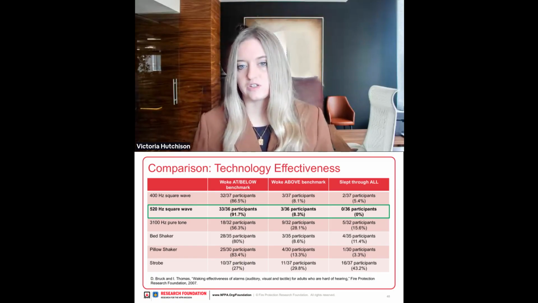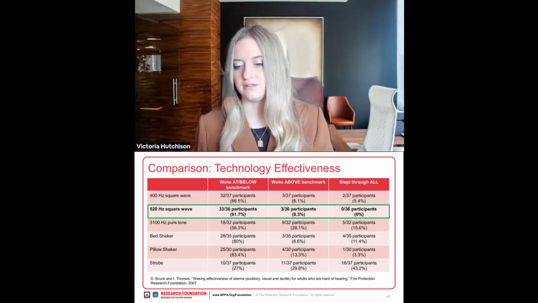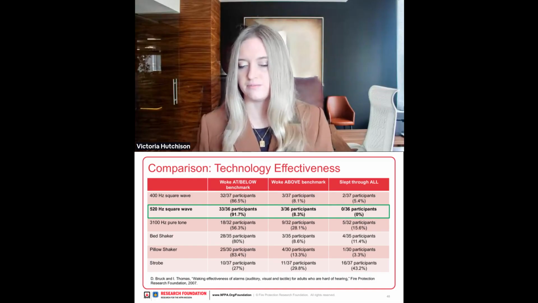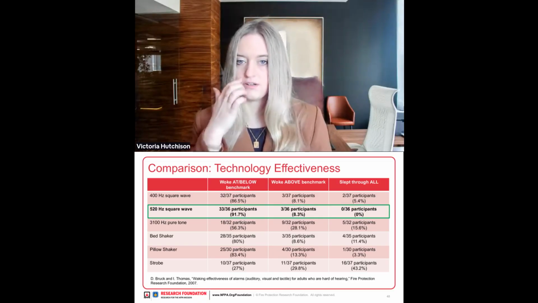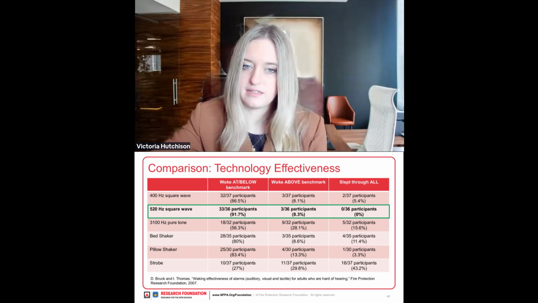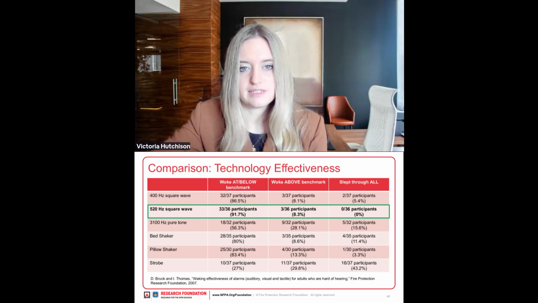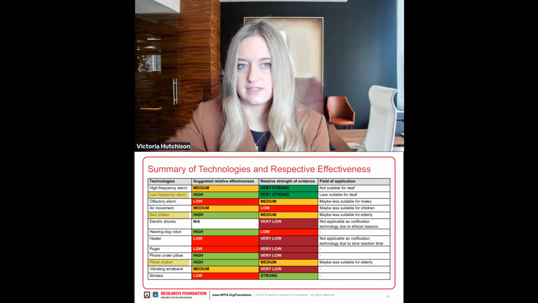And that's really true across all populations and disabilities. Whether it's deaf and hard of hearing, alcohol impaired, able hearing, older adults, or younger adults, the effectiveness of that technology through all of the studies that have been done appears to emerge as the top in terms of overall effectiveness.